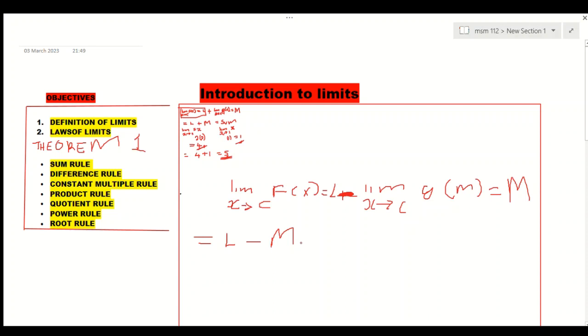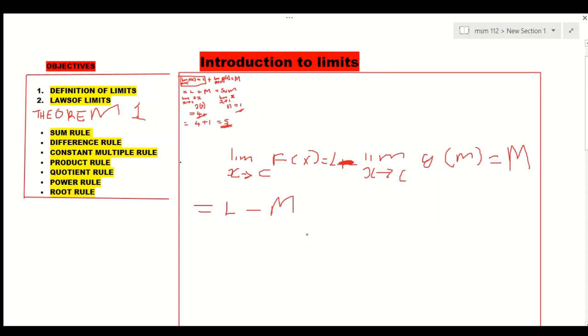Hope you understand. When we go to the product rule, so we've done the sum rule, difference rule, now the product rule. Again, it's just one and the same. Product is the value you find after multiplying something. So if this is equal to this, then there is a multiplication sign here, meaning you're going to just do this. Multiply the values you find, or the limits of the functions.